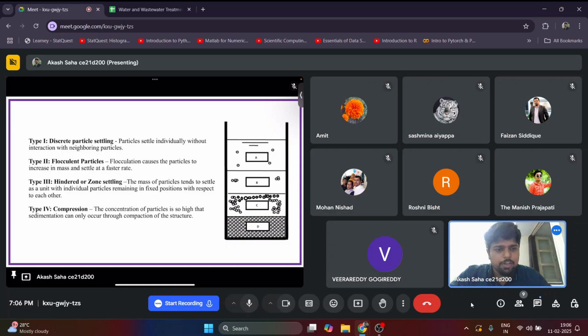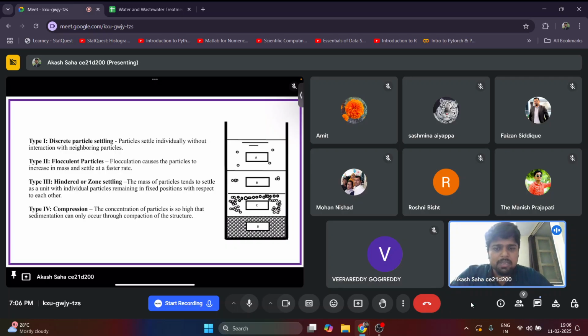That is why in some cases, in some reactors, we add coagulants. You might have heard about coagulants. These coagulants help in bringing the particles close to each other so that they agglomerate, increase in size, and then settle down.